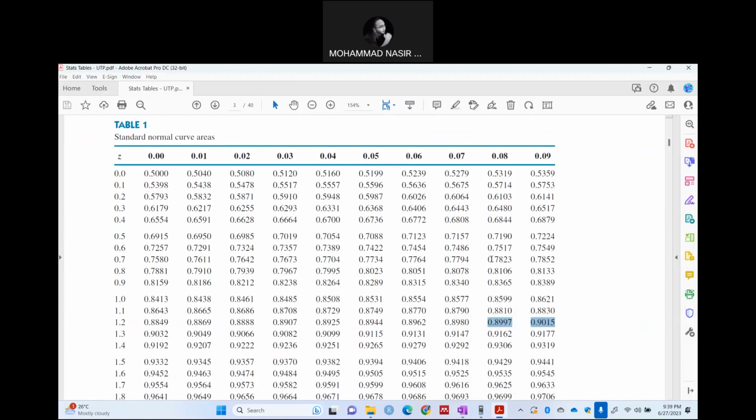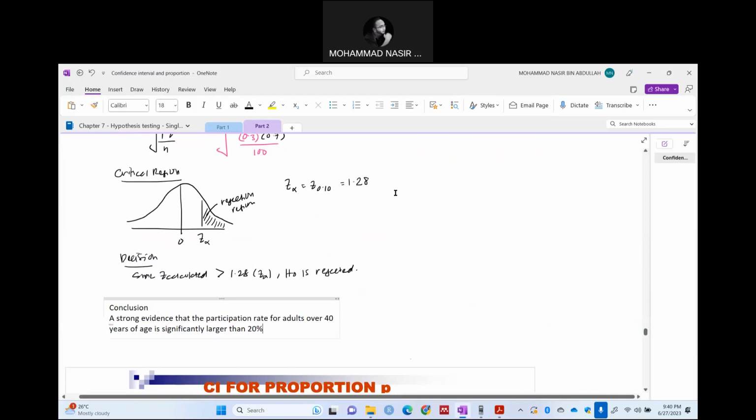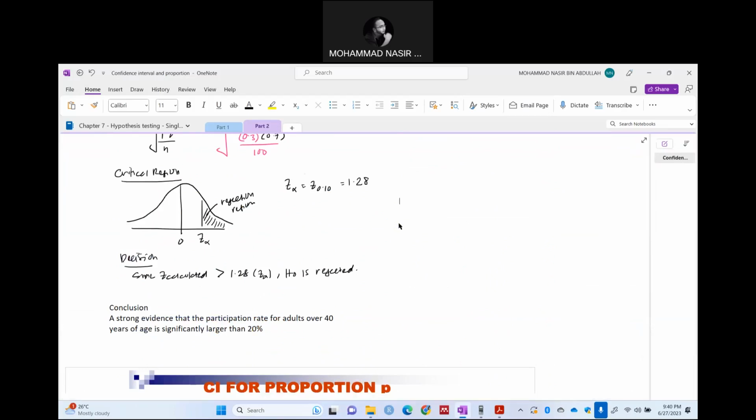But in this table, we read the value given to the left. So we need to take the complement, at 0.9. Can you understand? Right, this one okay? Any question?